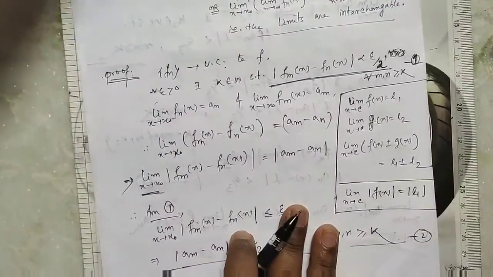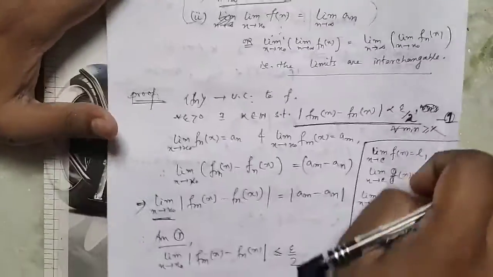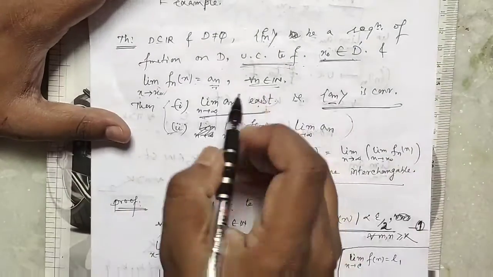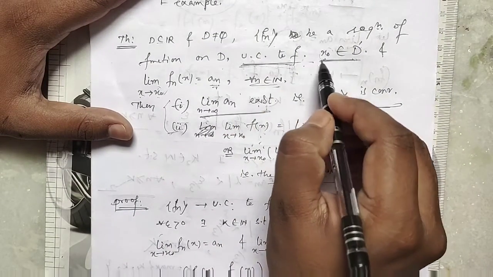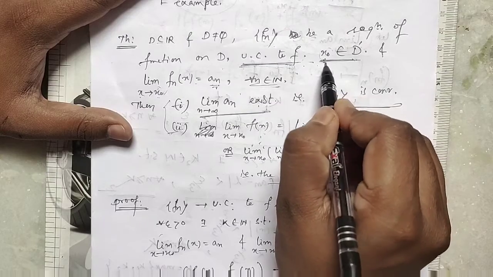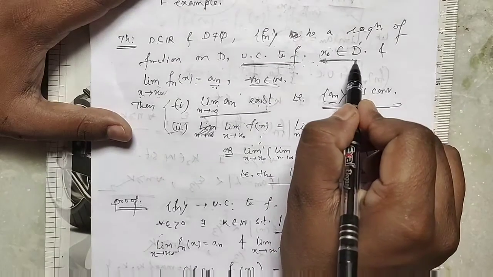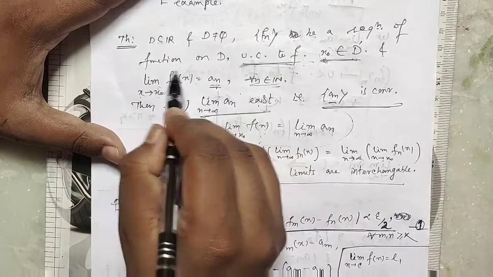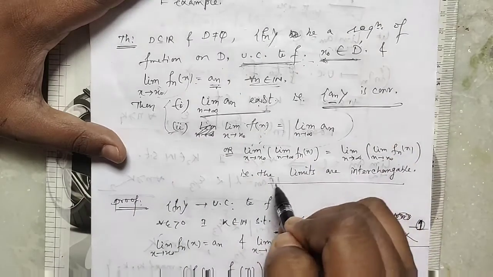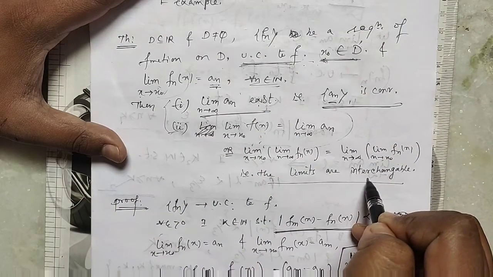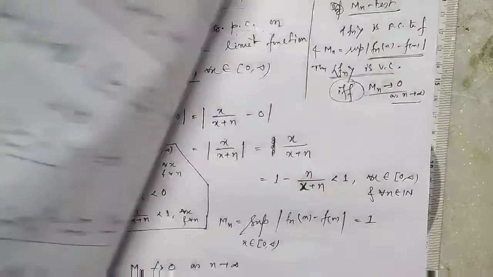So the theorem says that if the sequence of functions is uniformly convergent to f, and we take a point x0 belongs to D dash, and an is this, then an is convergent and the limits are interchangeable.